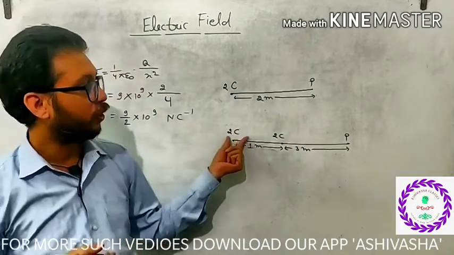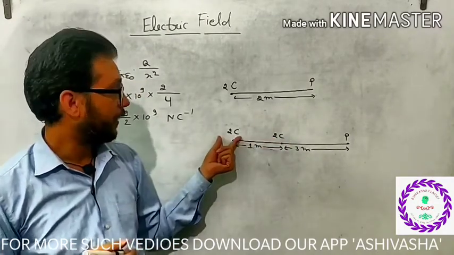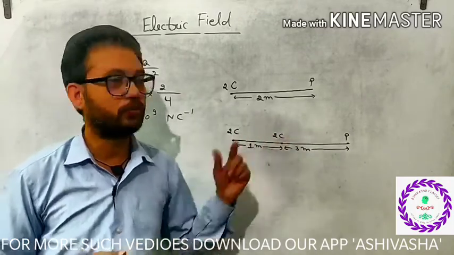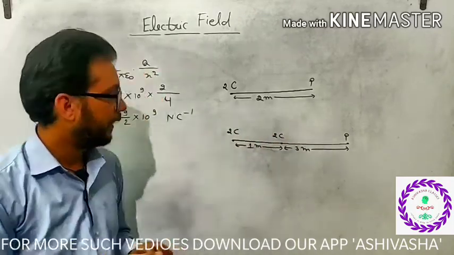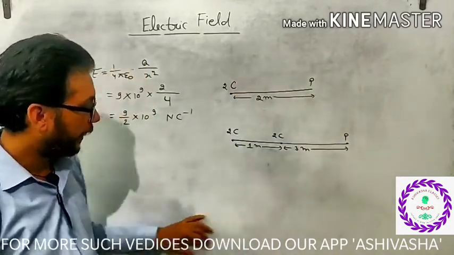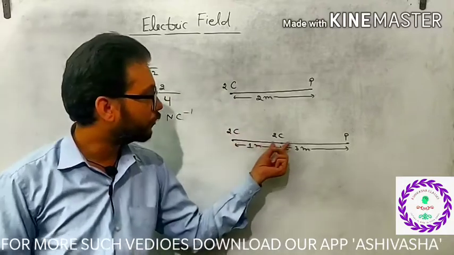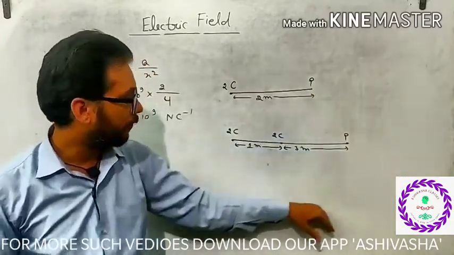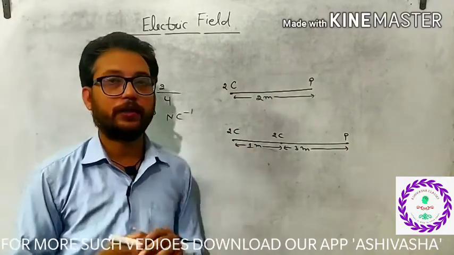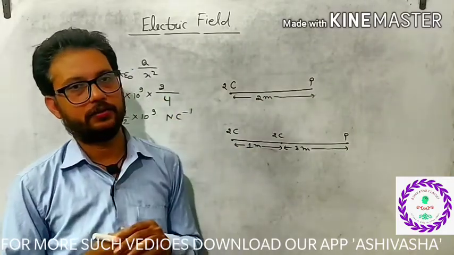Now in this diagram there are two charges, 2 coulomb and 2 coulomb. It means each has a certain region or boundary of electric field. So we have to calculate the two electric fields.